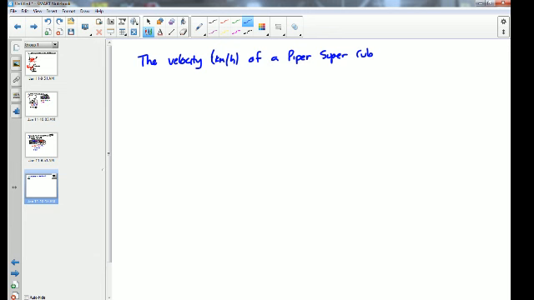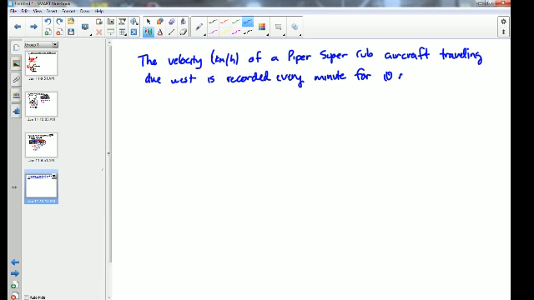Okay, the velocity of a Piper Super Cub aircraft traveling due west is recorded every minute for 10 minutes.